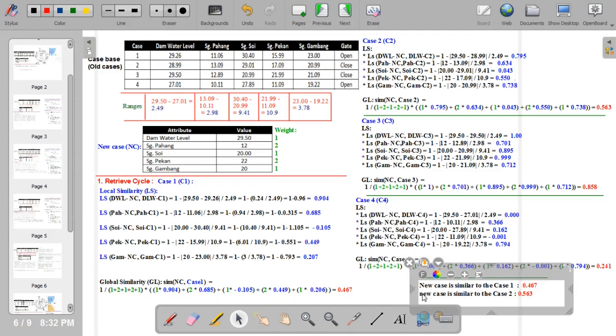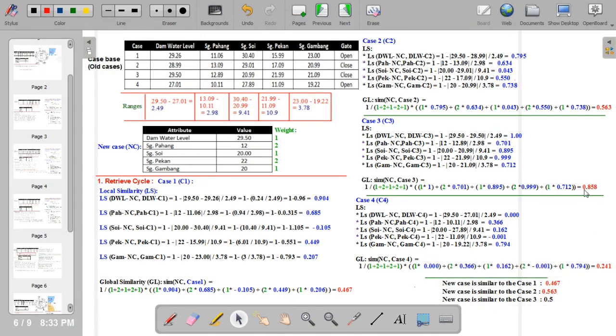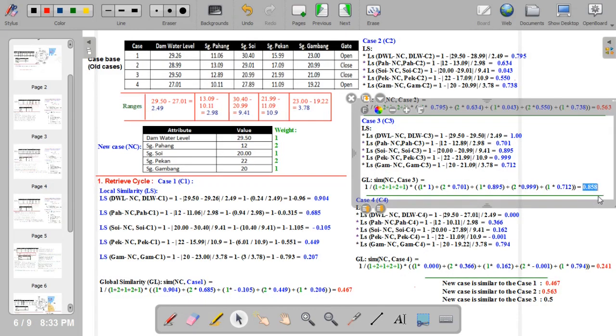Also, the new case is similar to case 3 with the value of this one. I'm just copying it to confirm that it's right.